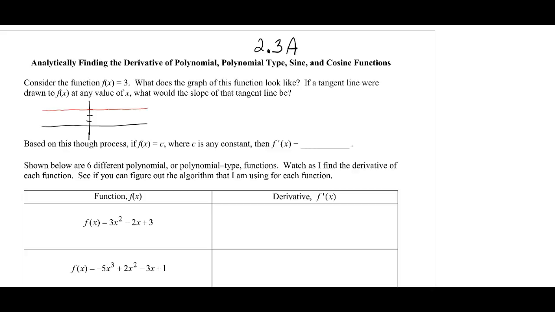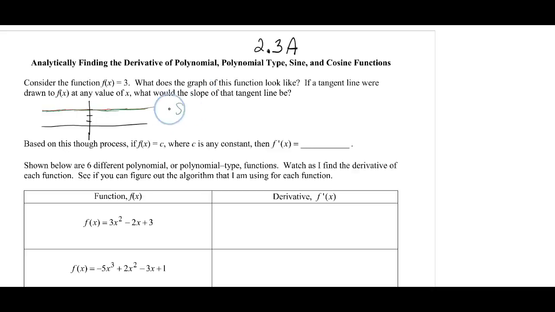If I were to draw a line tangent to this function, what would that slope look like? Well, if I were to draw a line tangent, meaning touching, but as equally as possible from any given point, I find that my tangent line would actually lie essentially right on my function. And what would the slope of this line be?